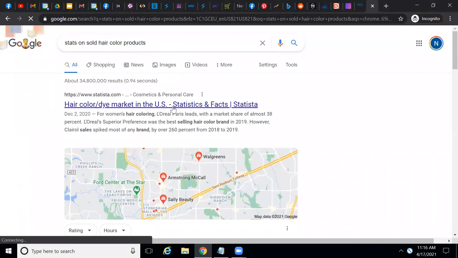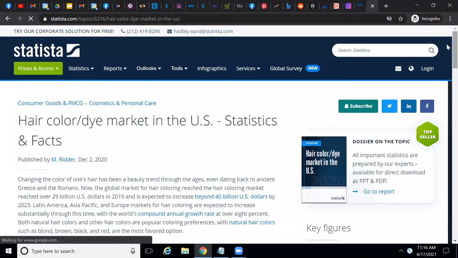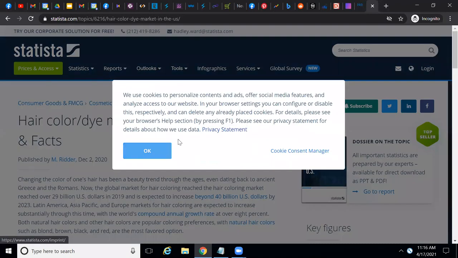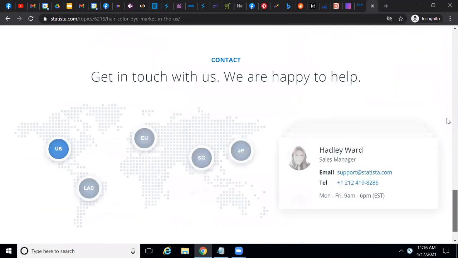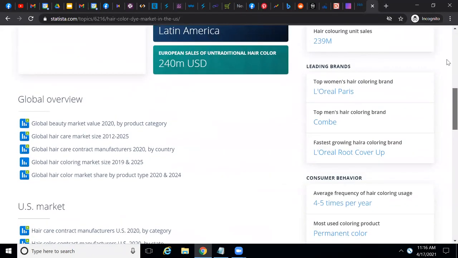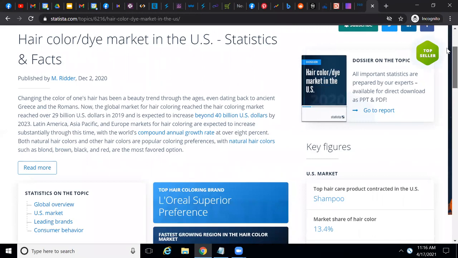So the market, hair dye, this is coming from Statista. They're not going to give me the full-on data. Okay, fine. Over $40 billion. Compound annual growth over 8%.